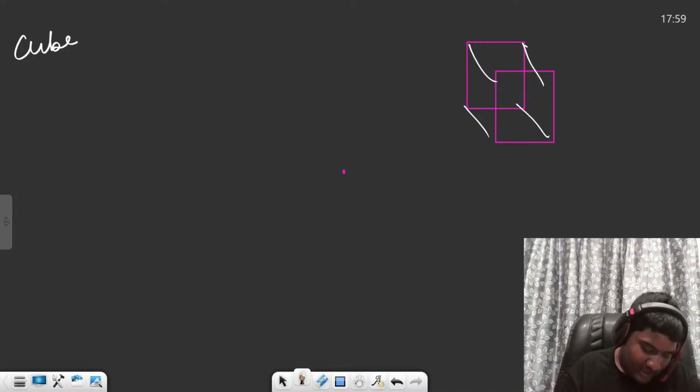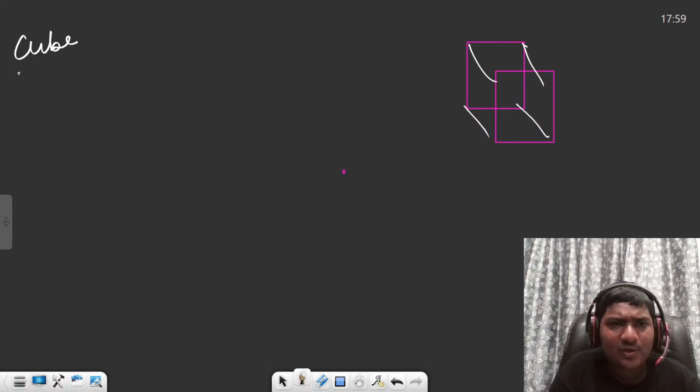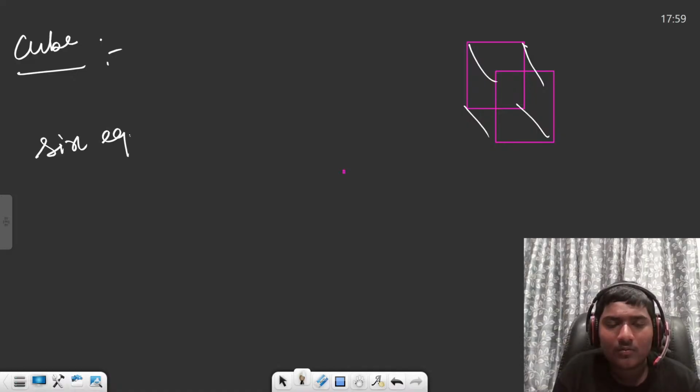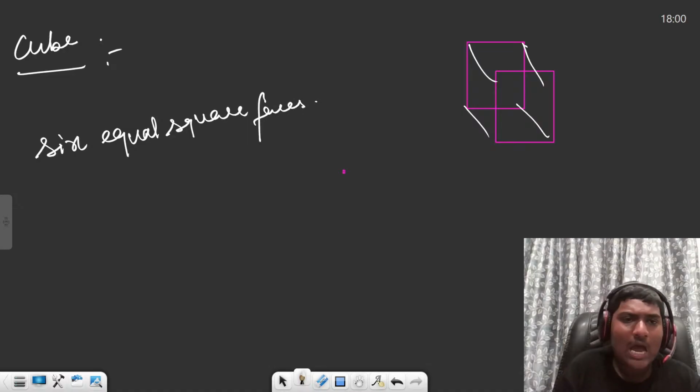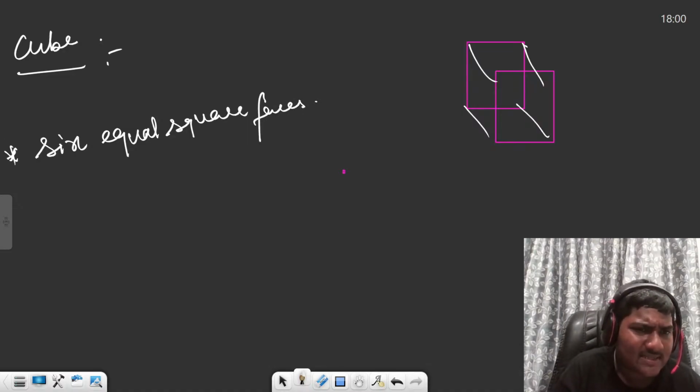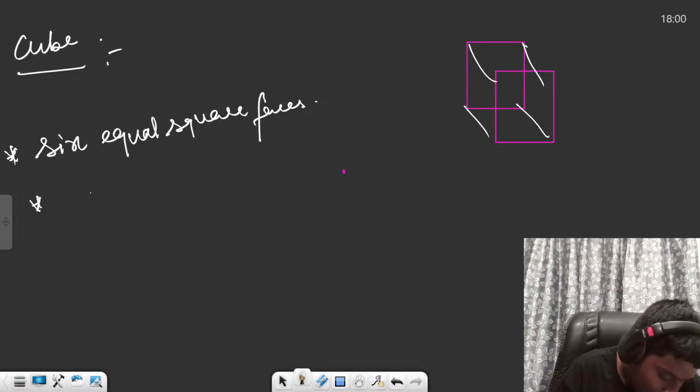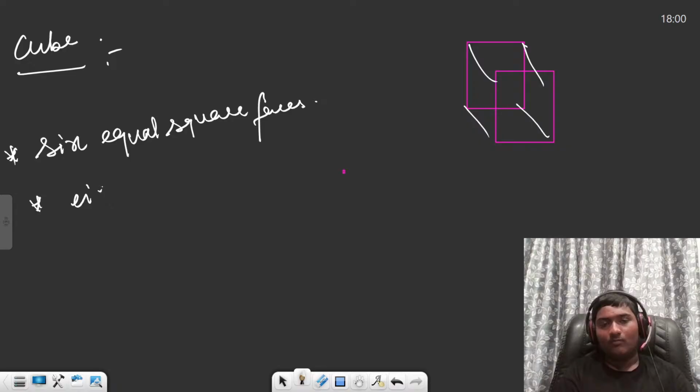Green cube. Six equal square faces. What does a cube have, children? Six equal square faces. And also, what does the cube have, children? Please let me know. Eight vertices, 12 edges.